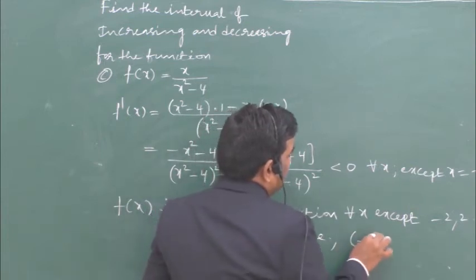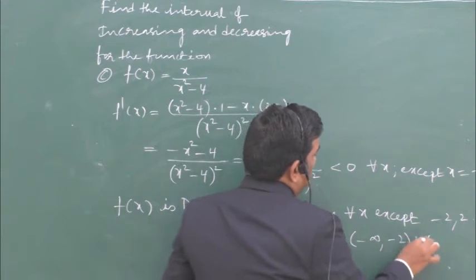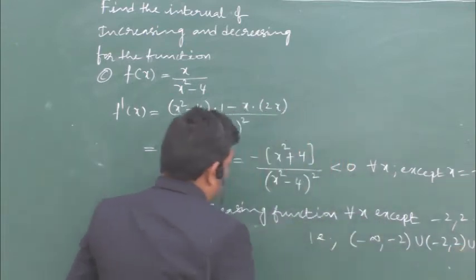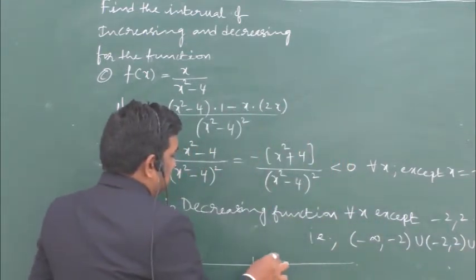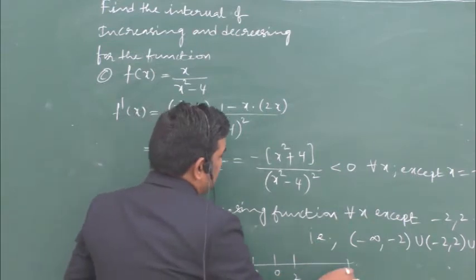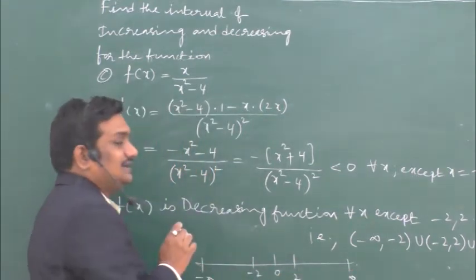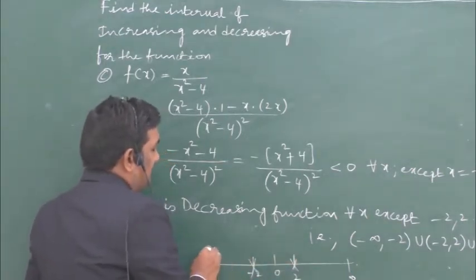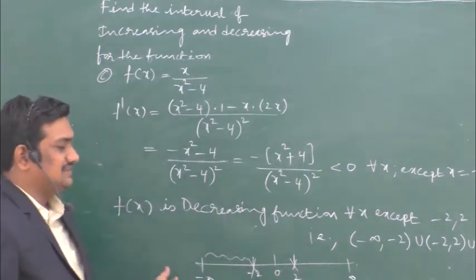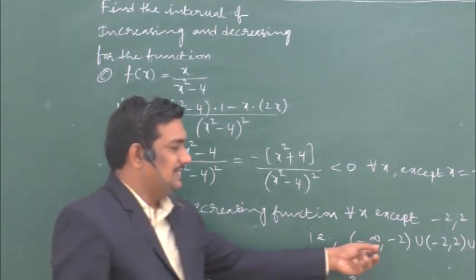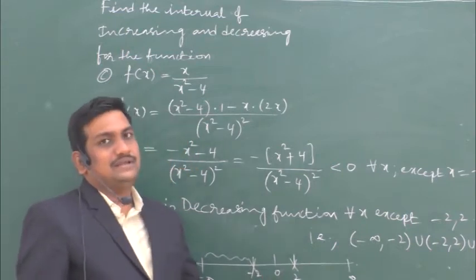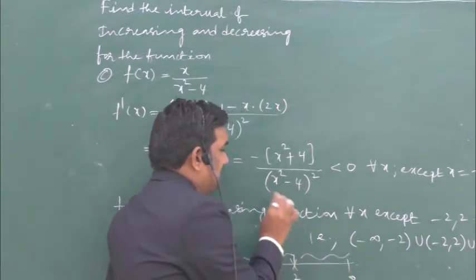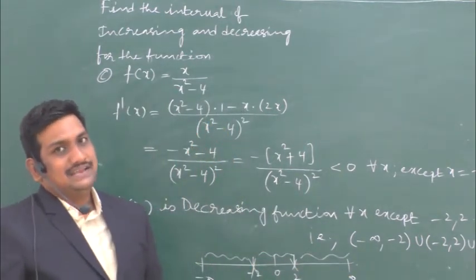It will be (-∞, -2) union (-2, 2) union (2, ∞). If this is the real line, with -2, 0 and 2, and infinity and minus infinity, you need to exclude -2 and 2. So the remaining intervals are -∞ to -2 excluding -2, then -2 to 2 excluding -2 and 2, then 2 to ∞. On these intervals, the given function is decreasing.